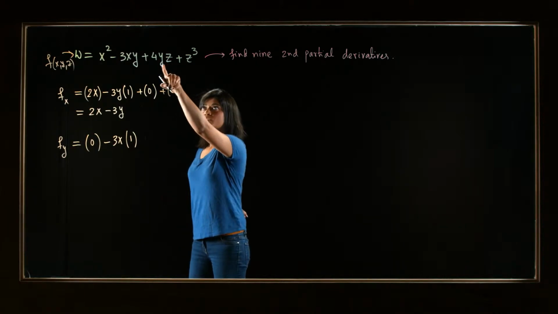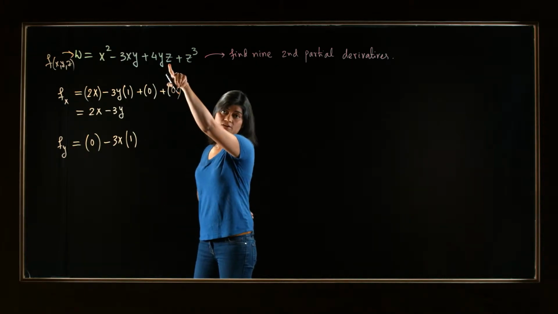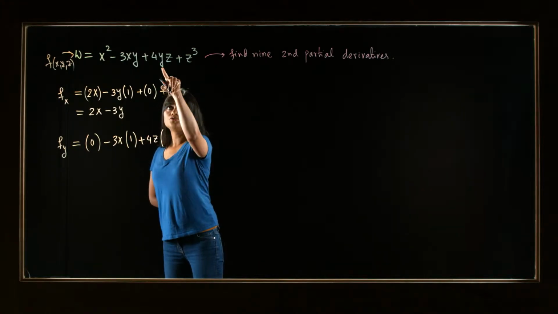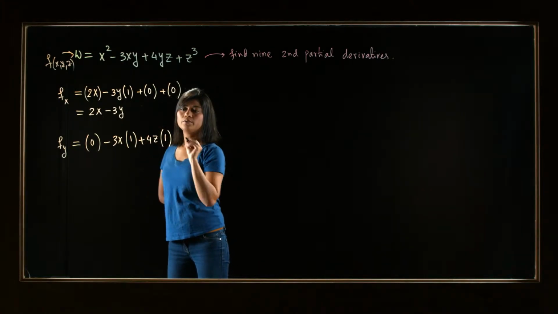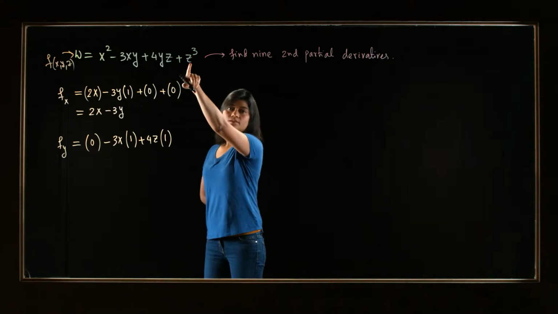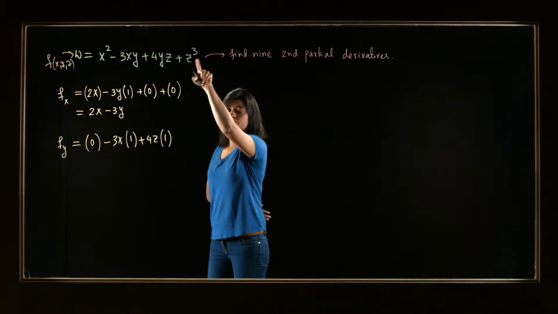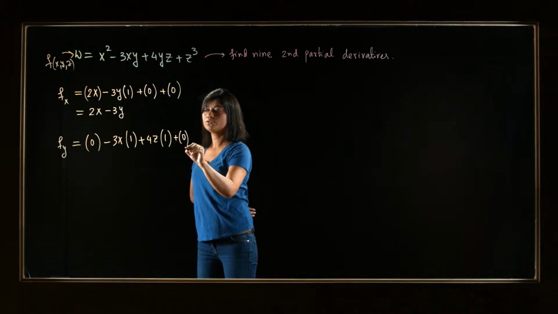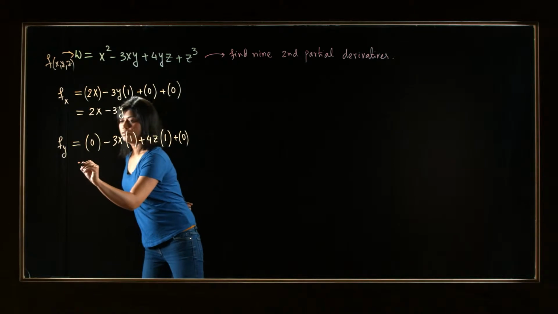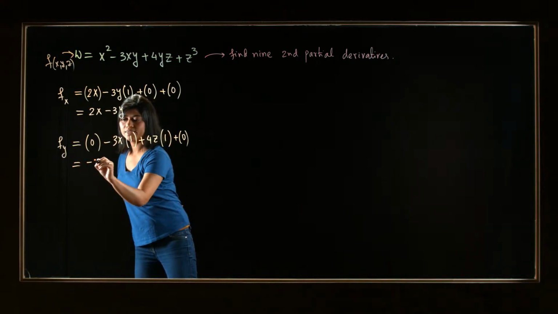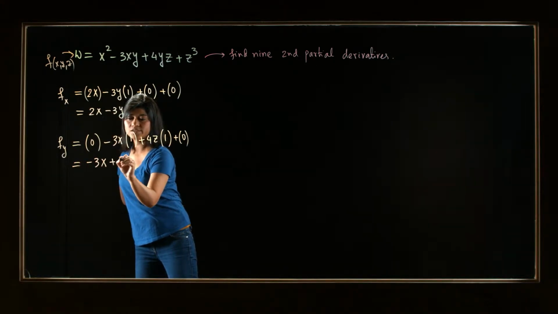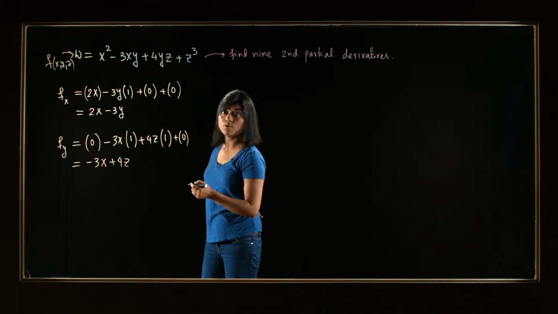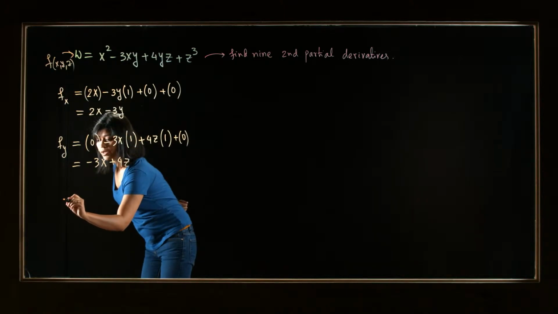Third term, 4 and z are constant, so you write down 4z, take the derivative of y, which is 1. And the last term doesn't have any y, just z cube, and this entire thing is constant, so the derivative is 0. So simplify and you get negative 3x plus 4z for fy.